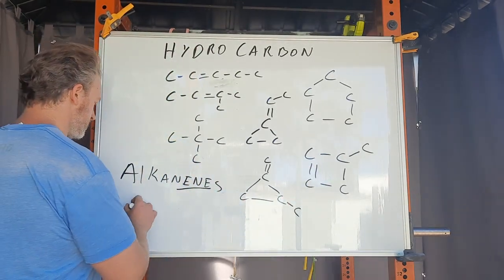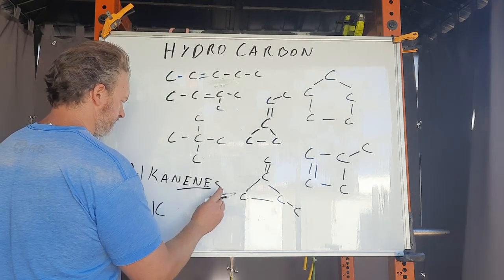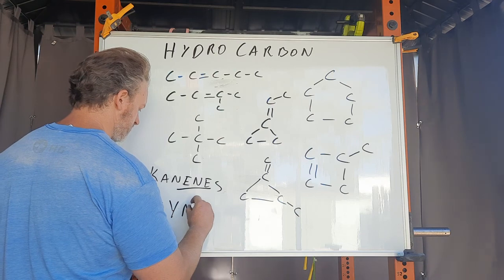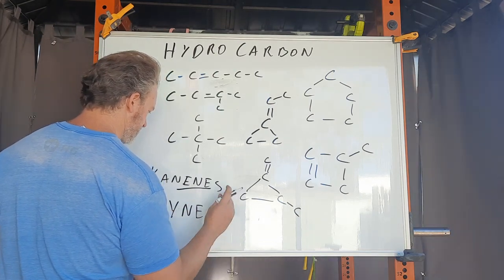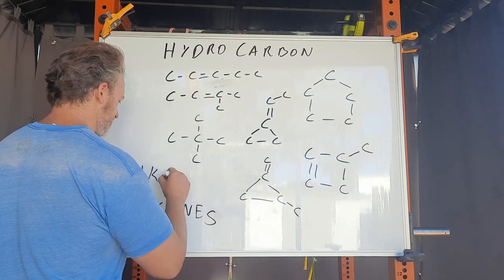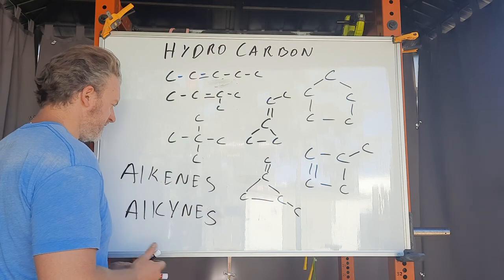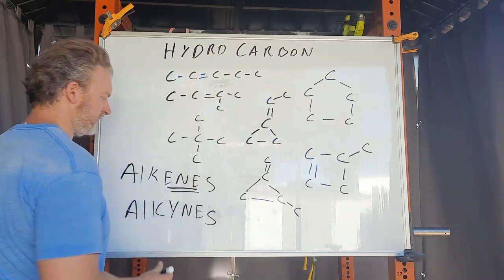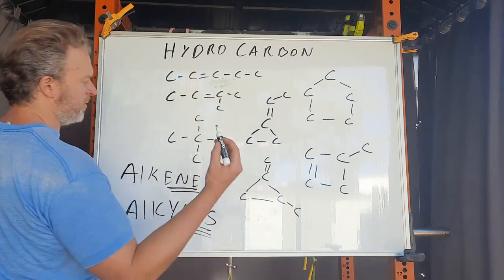All right, now, here's going to blow your mind. Alkynes. Alkenes have a double bond. Alkynes have triple bonds.